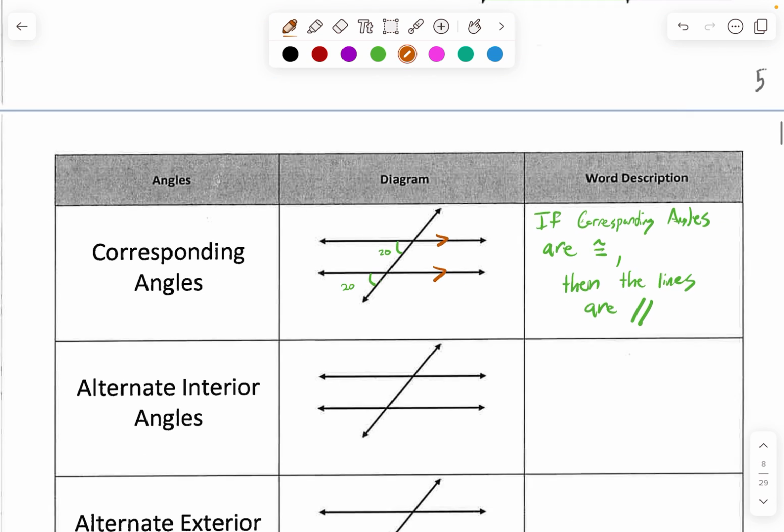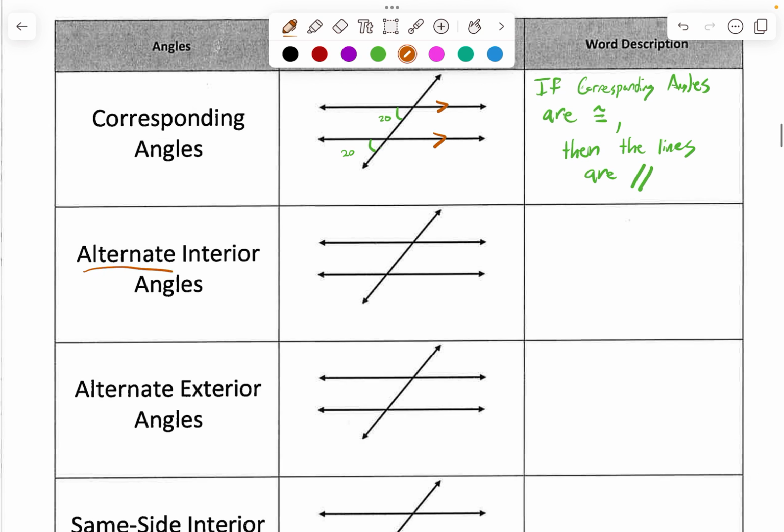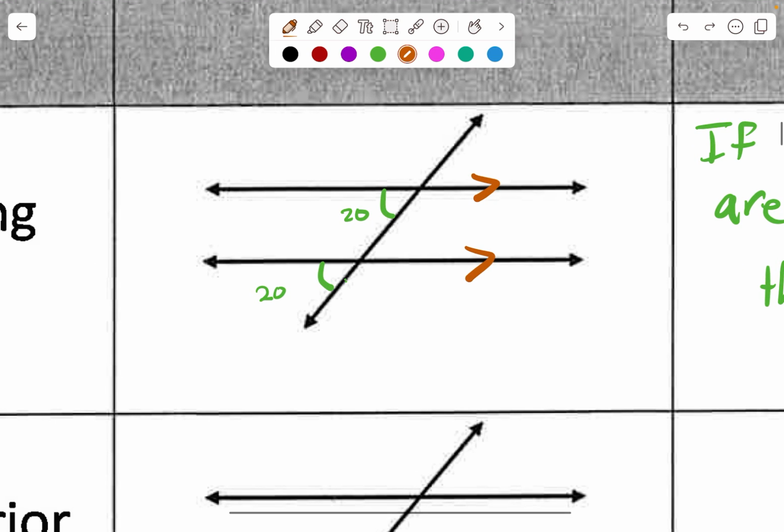That's where we're going to be going with all of these. We're going to see the relationship, see what their angle measures are, and determine, are those lines parallel? And you'll say yes or no. If this was 20 and this was like 50, you'd say no, those aren't parallel because the corresponding angles are not congruent. That's the whole 2.1 to 2.3.